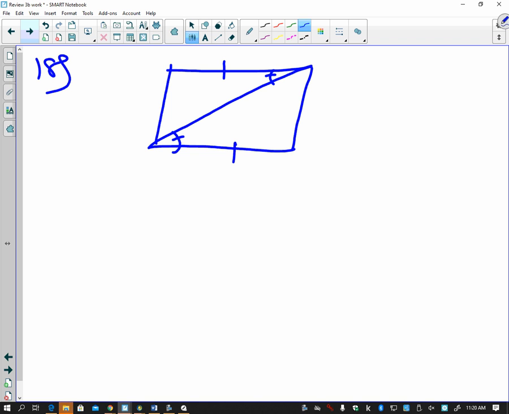Okay. A, B, C, and D. Okay. So we're looking for a triangle congruency statement to prove that triangle ACB is congruent to triangle CAD.